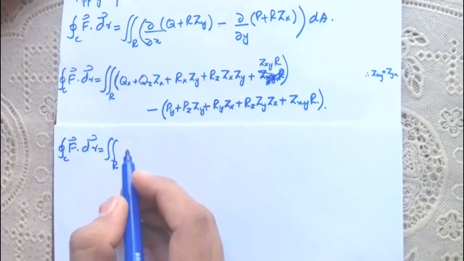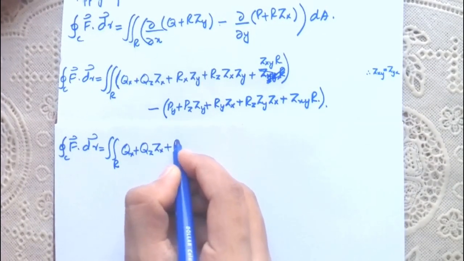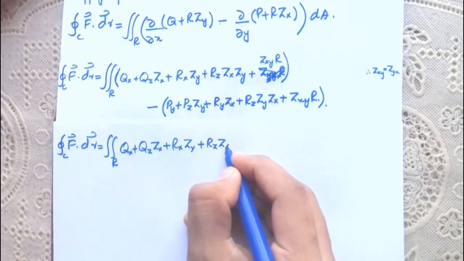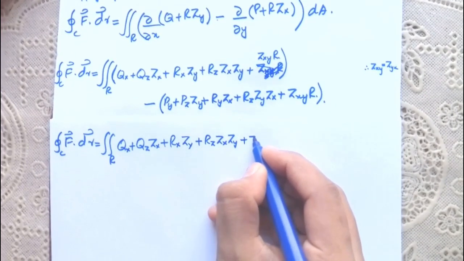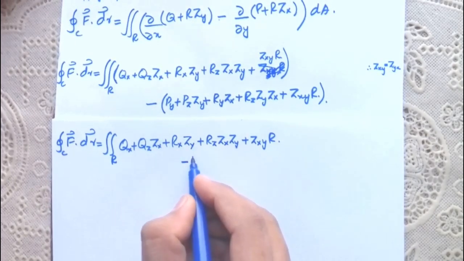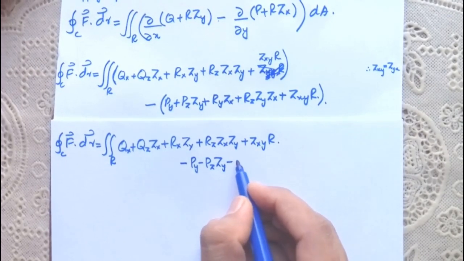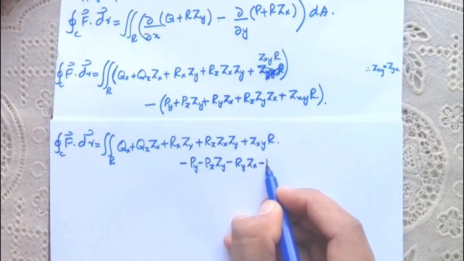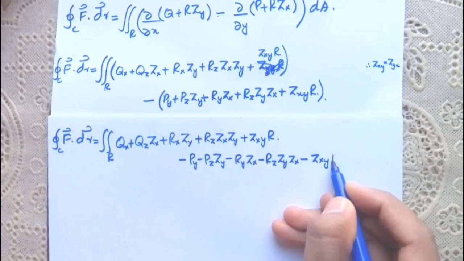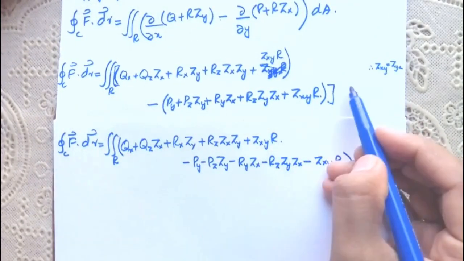And line integral over the closed curve C of a vector field f dot dr is equal to double integral over the region R of qx plus qz zx plus rx zy plus rz zx zy plus zxy times r, minus py minus pz zy minus ry zx minus rz zy zx minus zxy times r, times dA.